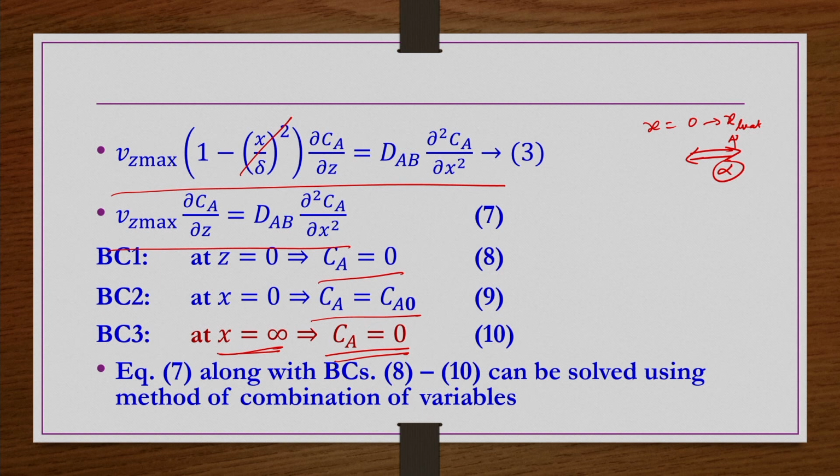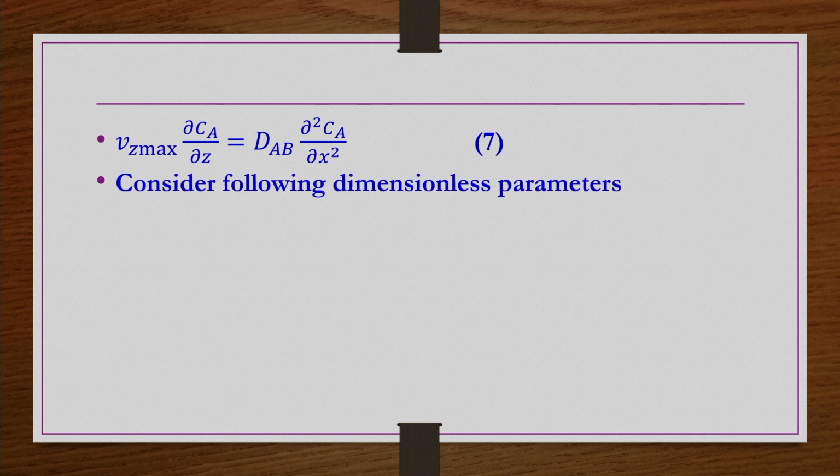Now the problem is still very difficult to solve, because Ca is a function of both z and x. We cannot say that one side is independent of the other, as we did to get the shear stress expressions. So what do we do? We use the combined variable approach.